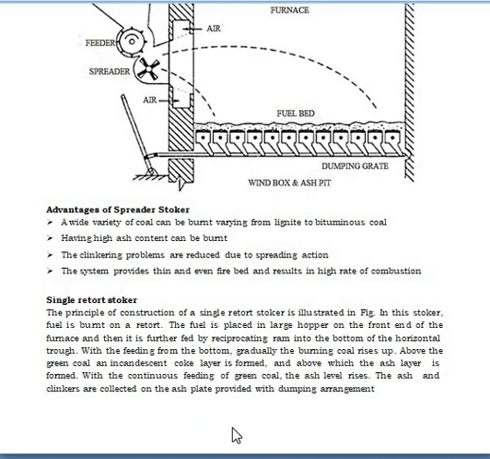With the feeding from the bottom, gradually burning coal rises up above the green coal. An incandescent coke layer is formed, above which the ash layer is formed. With the continuous feeding of green coal, the ash level rises. The ash and the clinkers are collected on the ash plate and provided with a dumping arrangement.